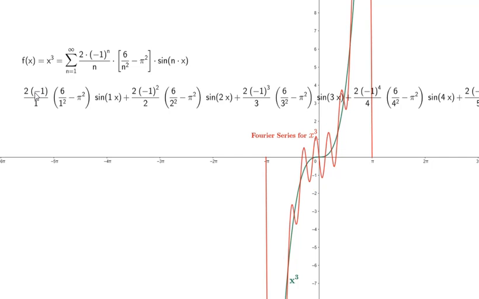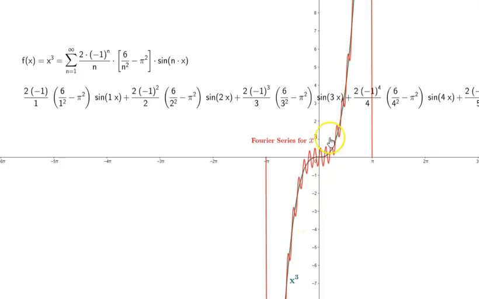I have reached 8 now. 9. Now we are at 11 terms. Now 17 terms. Now 26 terms. So if we take it to infinity, it will converge with f of x equal to x cube.